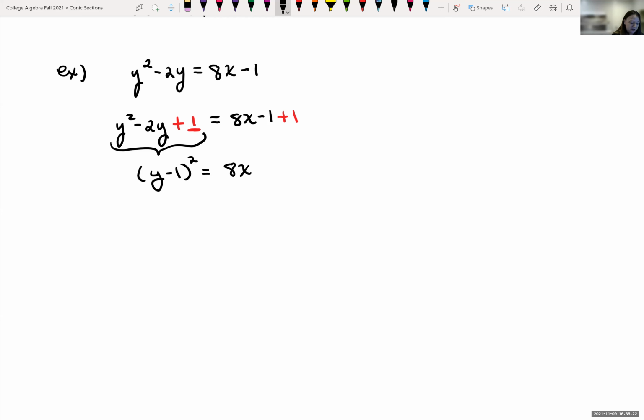And so if we factor out that 8, which really looks silly, we can think of this as 8 parentheses x. And if you want, we can say plus 0.